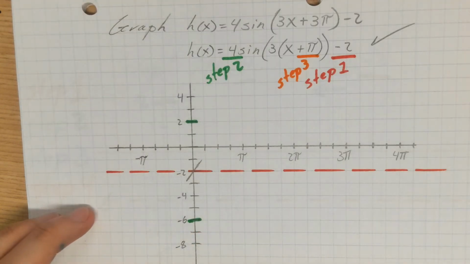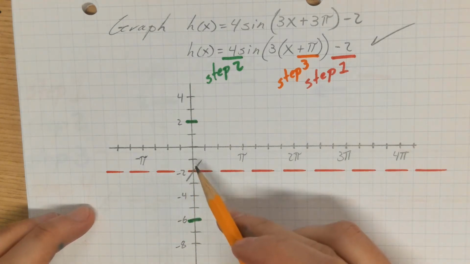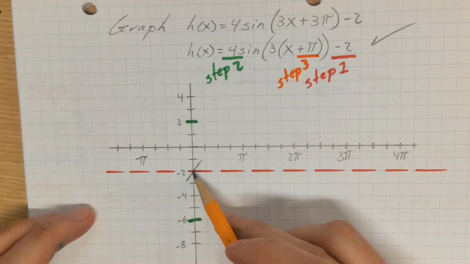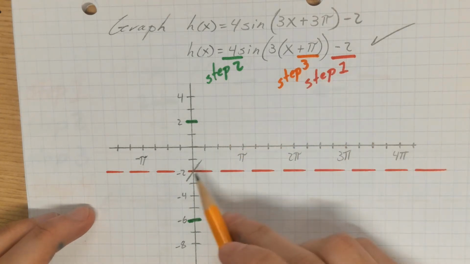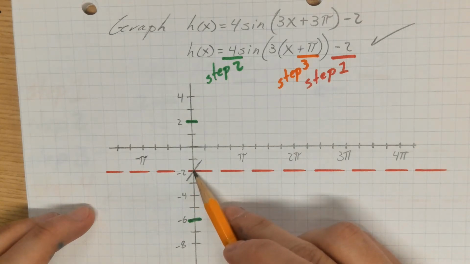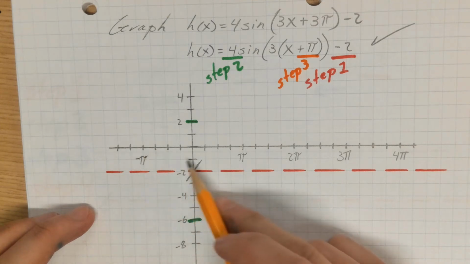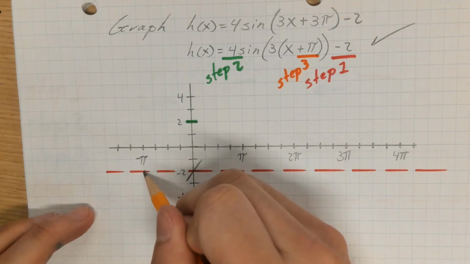In my original function, I will have this, but you will notice that this part is going to be shifted pi units to the left. So I want to take this piece of my function and shift it pi units to the left. You can see here's pi. If I go pi units to the left, I'm technically going right here at negative pi.